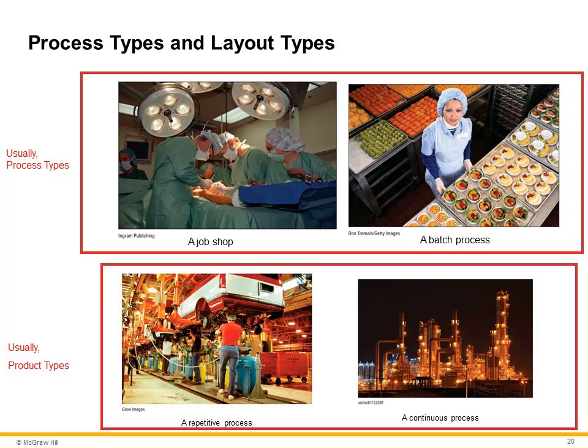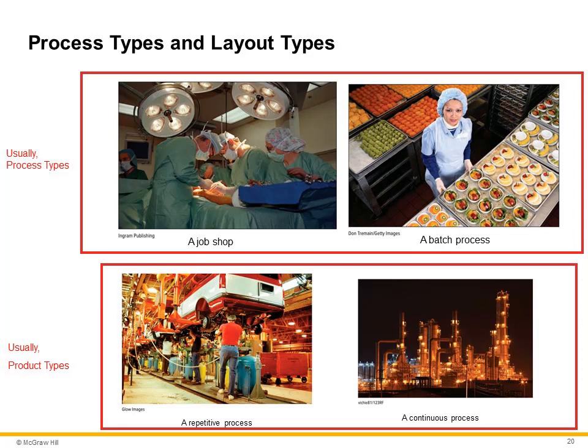The first two, job shop and batch process, are usually process types. And the third and fourth, assembly process and continuous process, are product types.